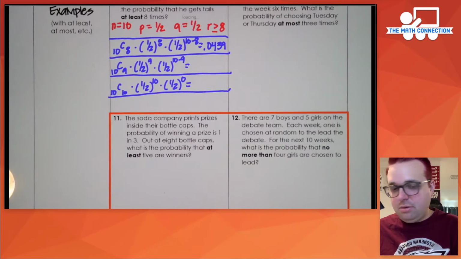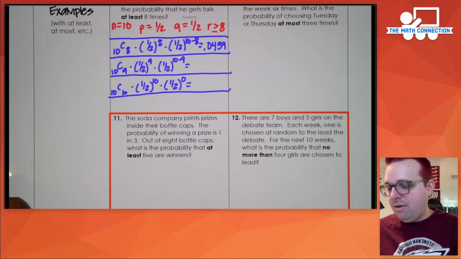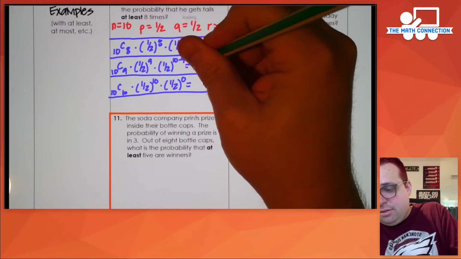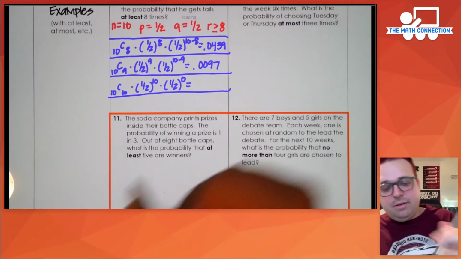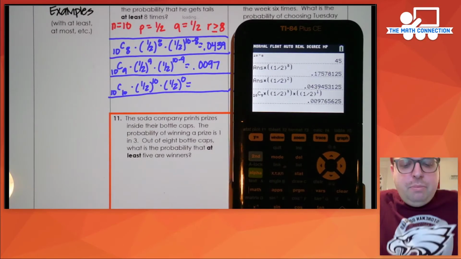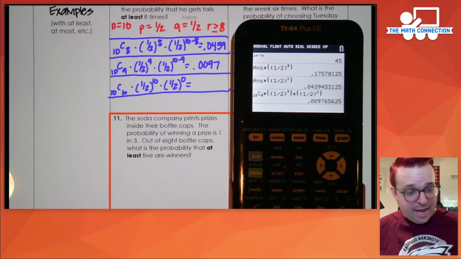I think I can. 1/2 to the power of 9, close that, 1/2 to the power of 1. Okay, and I get 0.0097.